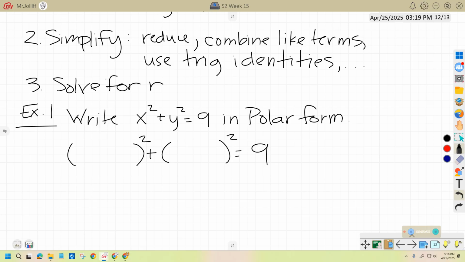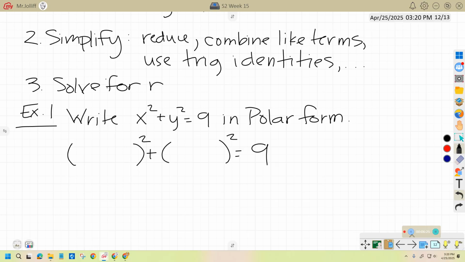And Nicholas, what is x equal to? X equals what? That's my question. When I do my substitution, what do I replace x with? Oh, no. Arlene, can you help Nick out?